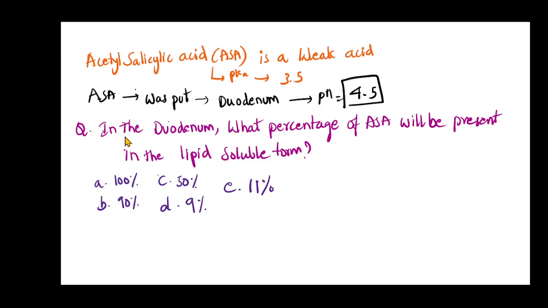Now the question is, in the duodenum, what percent of aspirin will be present in a lipid soluble form? 100, 90, 59, 11%? Any idea? Just pause this video and comment.